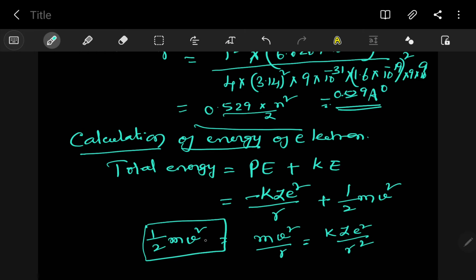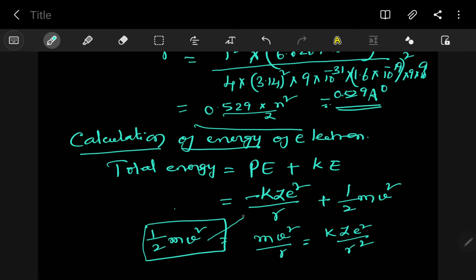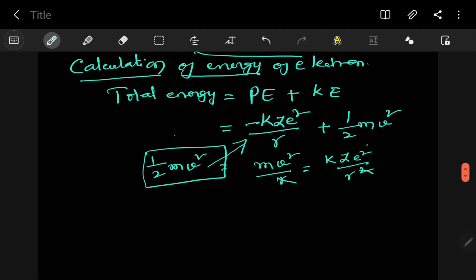We are converting this half mv square into the kz e square by r form. So r and r will get cancelled. Now here also we are getting kz e square by r. But we know the kinetic energy is half mv square, so we divide mv square by 2.